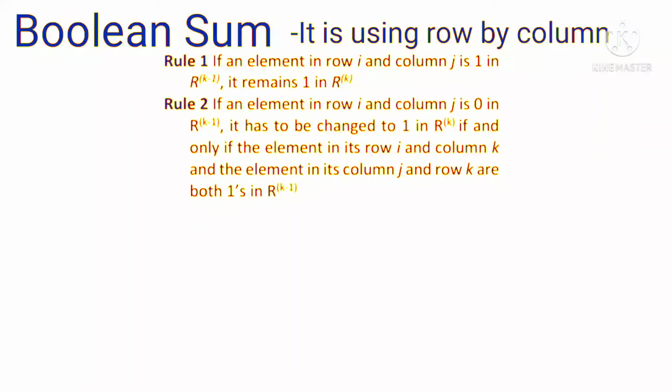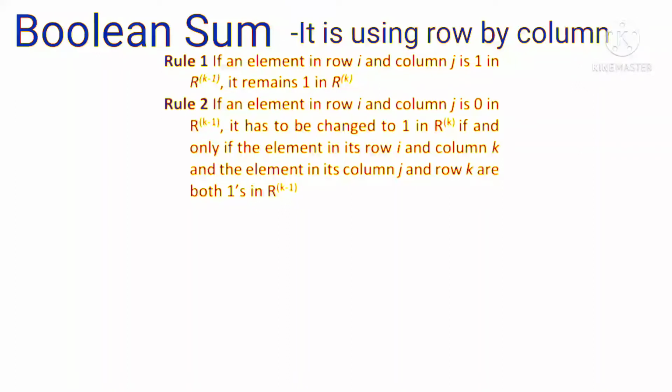The Boolean sum is the second method to solve the Warshall algorithm, using row by column. There are two rules in the Boolean sum. Rule number 1: if an element in row i and column j is 1 in R to the power of k minus 1, it remains 1 in R to the power of k.